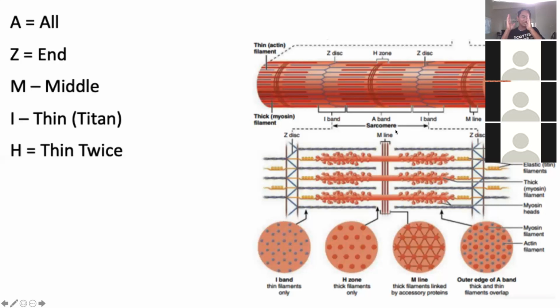If we split the I into two, then we will get the H. So the H band is made of only myosin. And yes, both actin and myosin will be the A band. M is in the middle. Therefore, this is the M line. So again, this is repetition, and therefore it is no longer difficult, I hope.